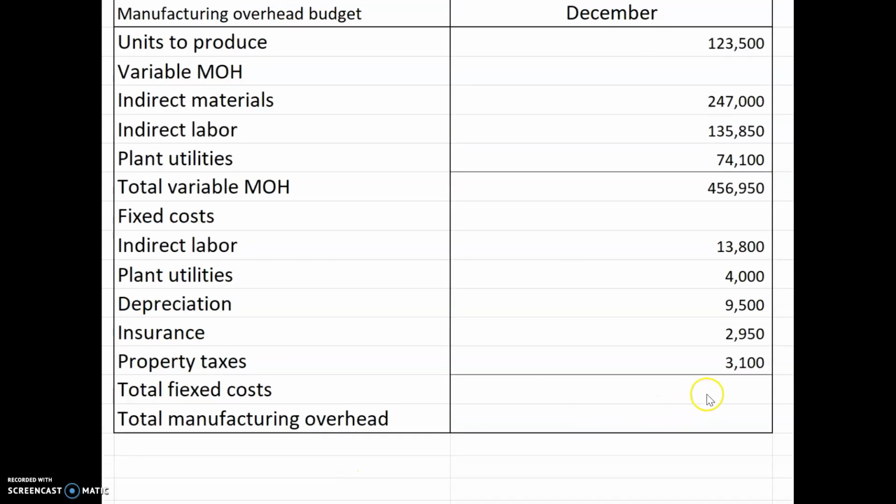So now we can get our total fixed costs. That comes to $33,350. And so our total manufacturing overhead will be the total variable costs plus the total fixed costs. Okay. So our budgeted total manufacturing overhead is going to come to $490,300.